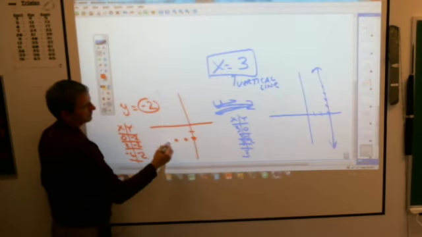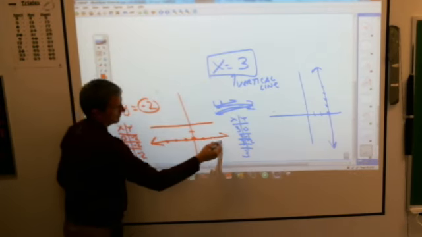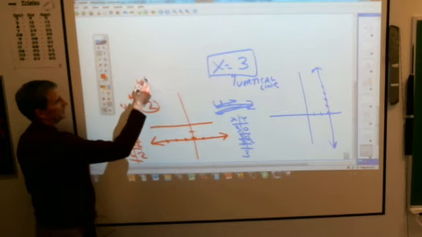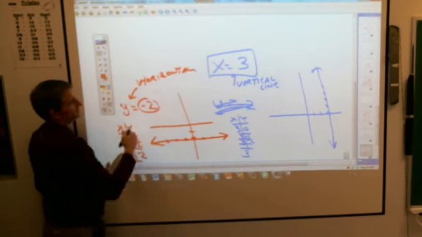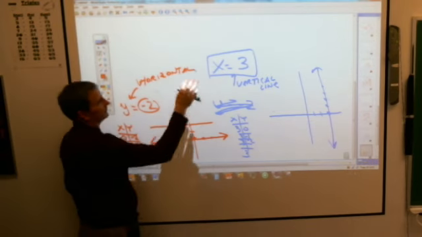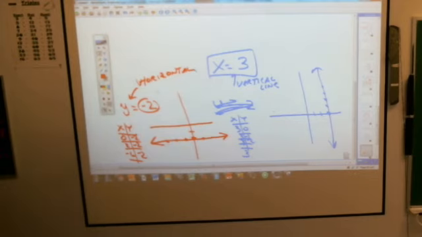You get this. If it's a y equals, it is a horizontal line. If there's no x term, you're going to get a horizontal line. If there's no y term, it's going to be a vertical line. This is emotionally draining.